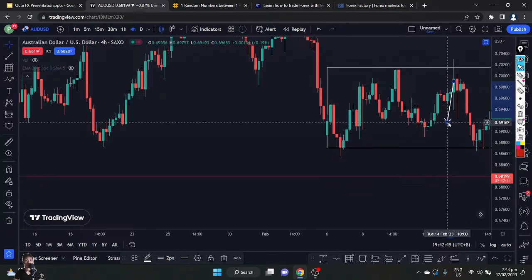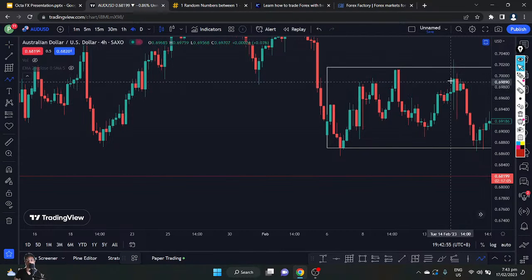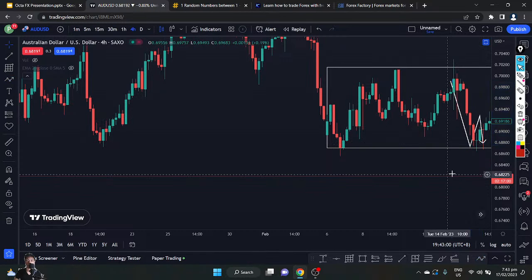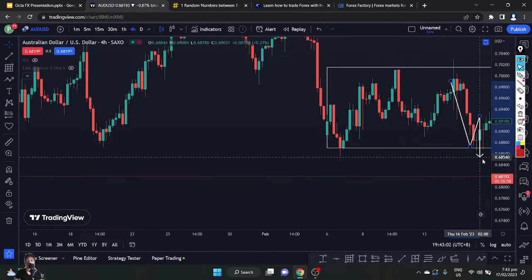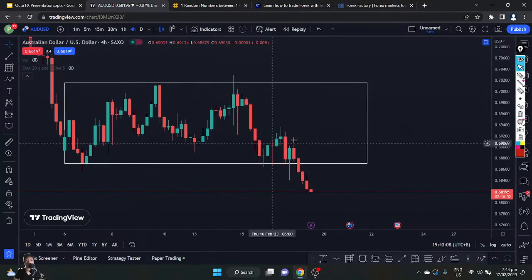But if you are a conservative trader, or if you want to be safer than the aggressive traders, you may want to look for a move like this, then a breakout buildup like this before considering a sell trade.